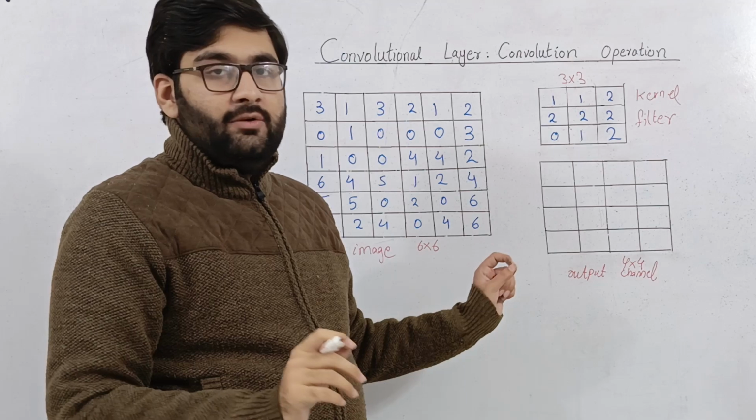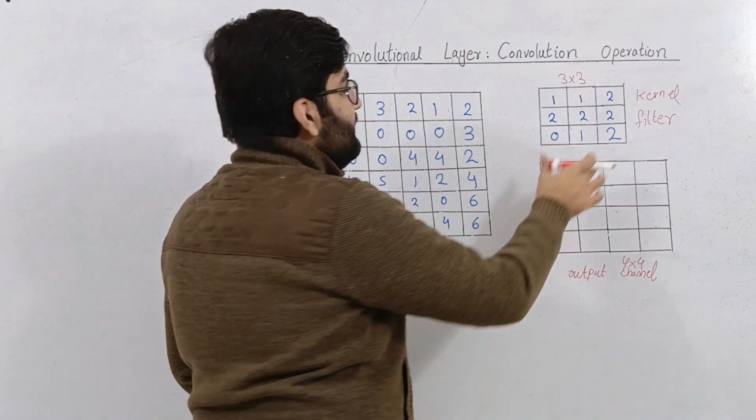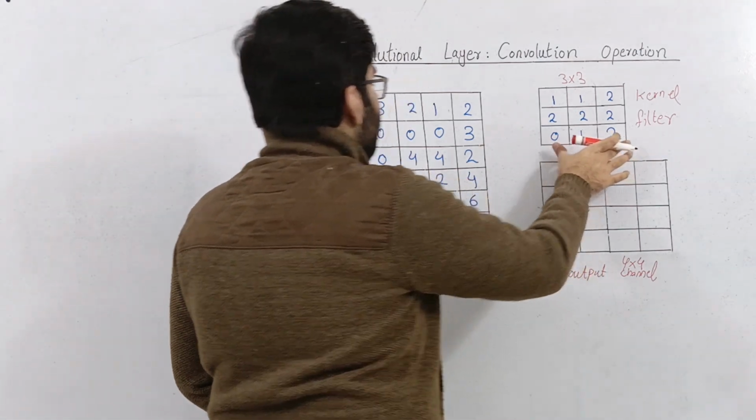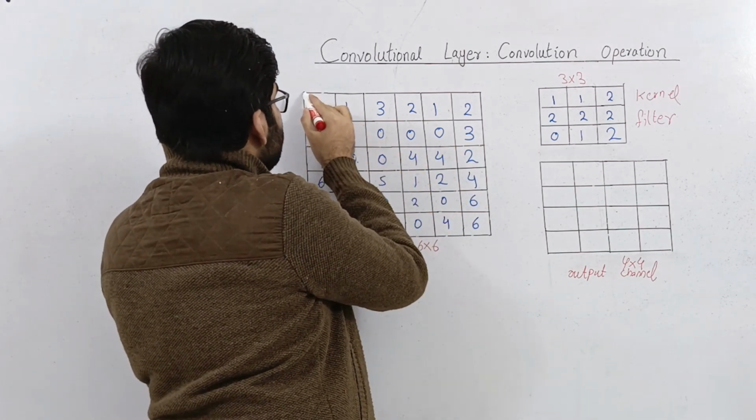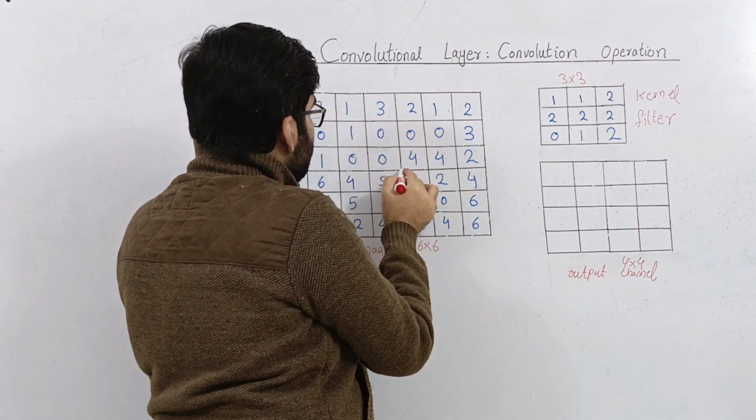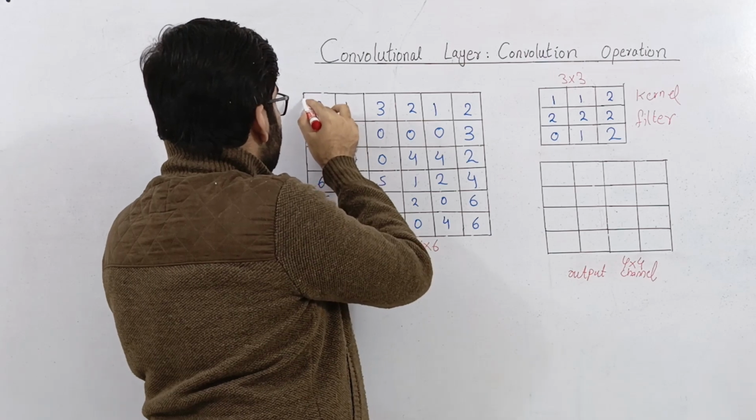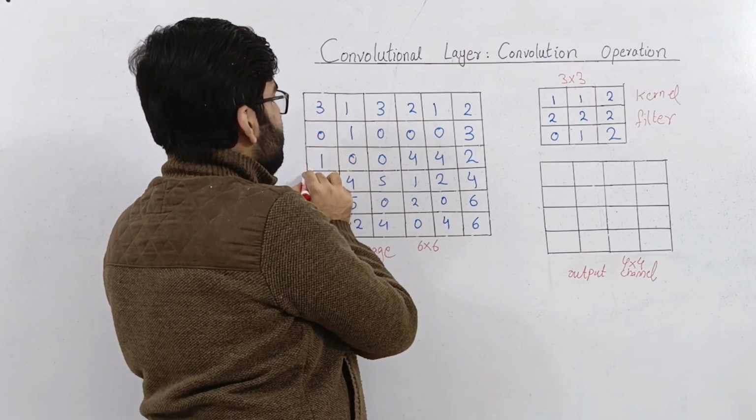So the way to go is to take the 3 by 3 kernel and match it with the first 3 by 3 rows and columns of the input image.